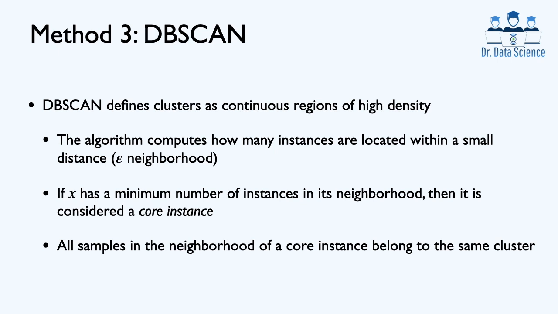So we find this epsilon neighborhood for each data point. If there are at least some minimum number of instances in that neighborhood, we call that sample a core instance, meaning that it's a very important instance that can be used for identifying clusters. Then all samples in the neighborhood of a core instance will belong to the same cluster.